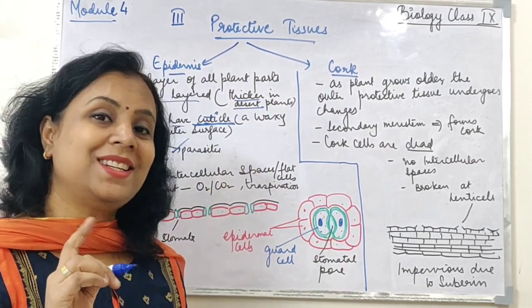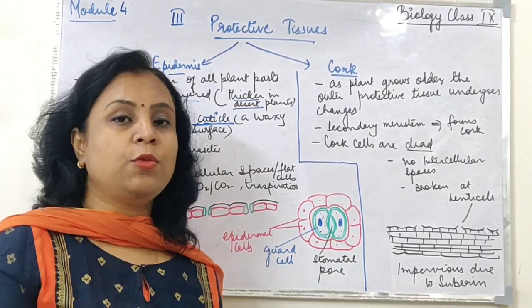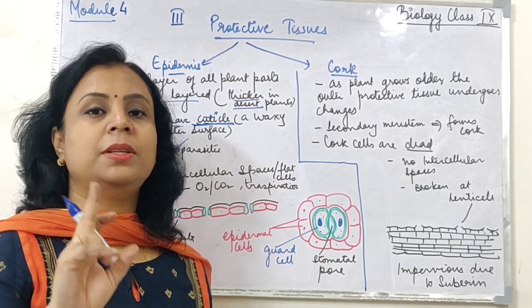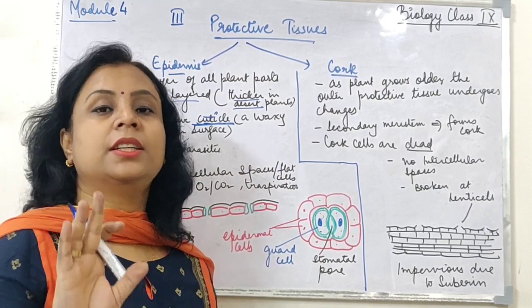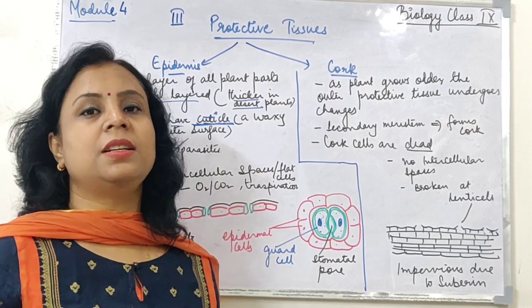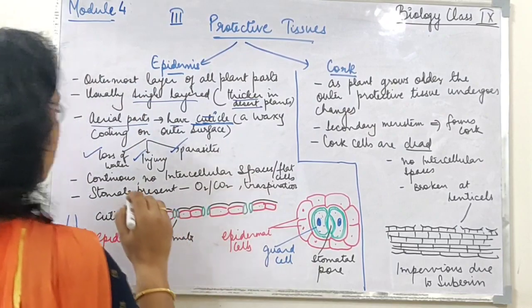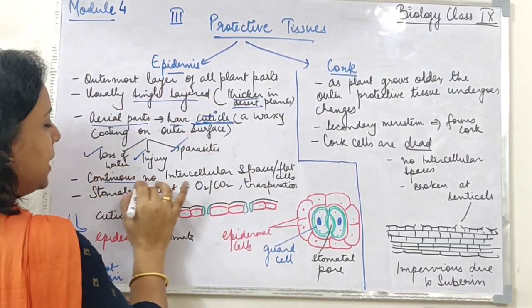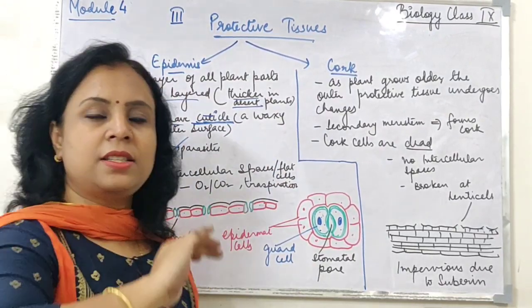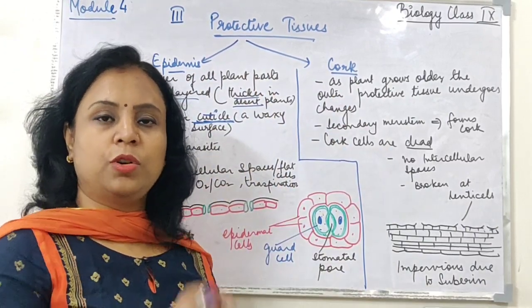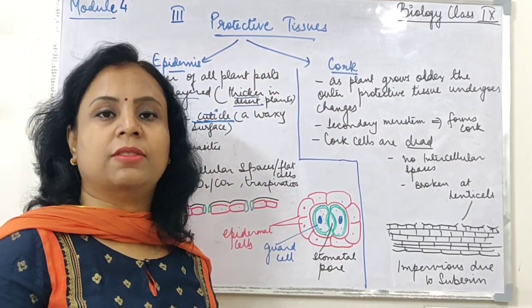And where is it present? On the aerial part. If you talk about the roots, the cuticle is not present in the outermost covering of the roots. And epidermis is continuous, just like when you cover your notebook, it is a continuous cover, isn't it?